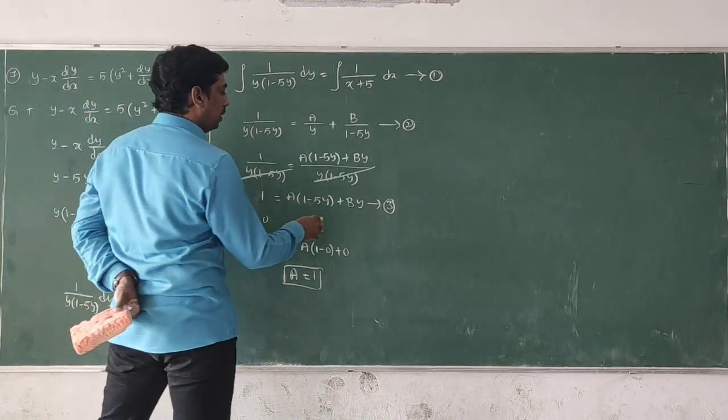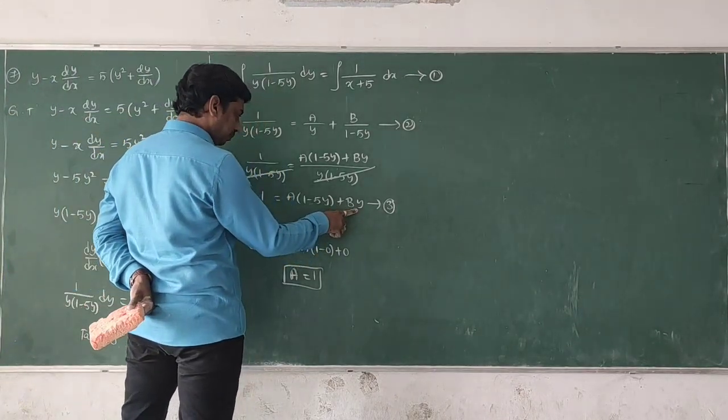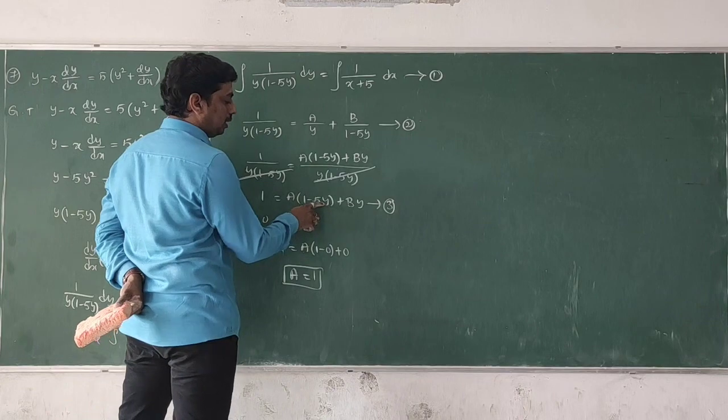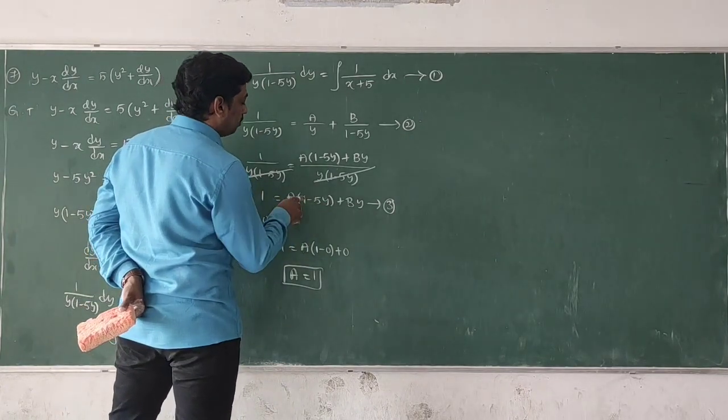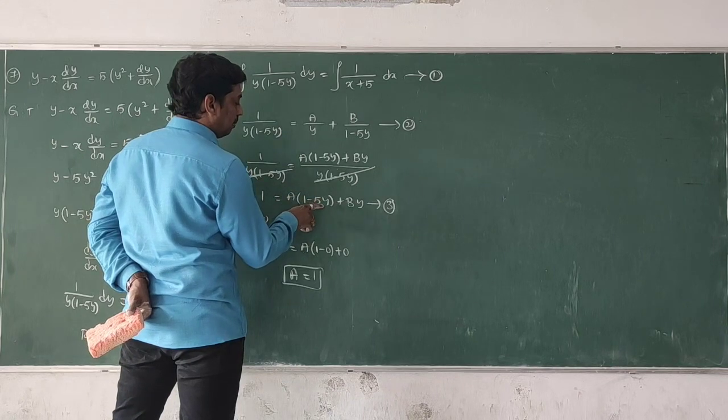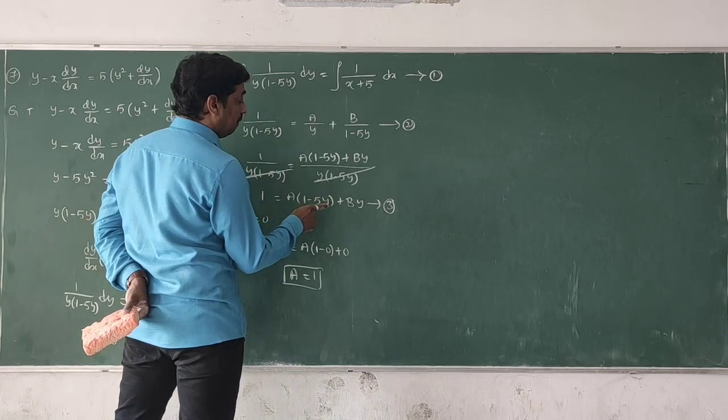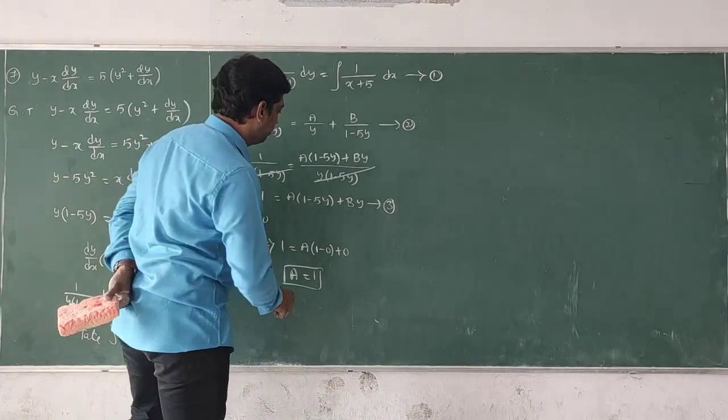In order to get the B value, what should we substitute for y? We need to make the product 0. That means 5y becomes 1 when y equal to 1 by 5.